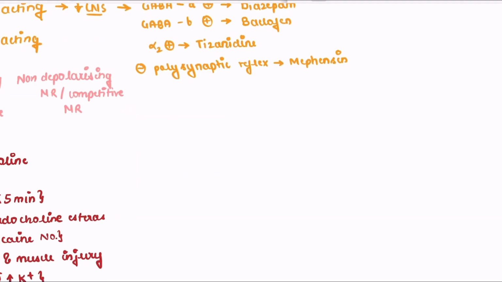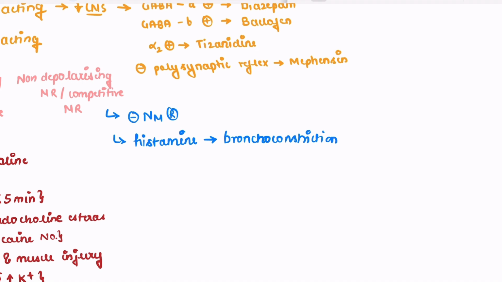Next, we are going to see about the non-depolarizing muscle relaxants. They act by blocking NM receptor. They release histamine, which can lead to bronchoconstriction and hypotension.